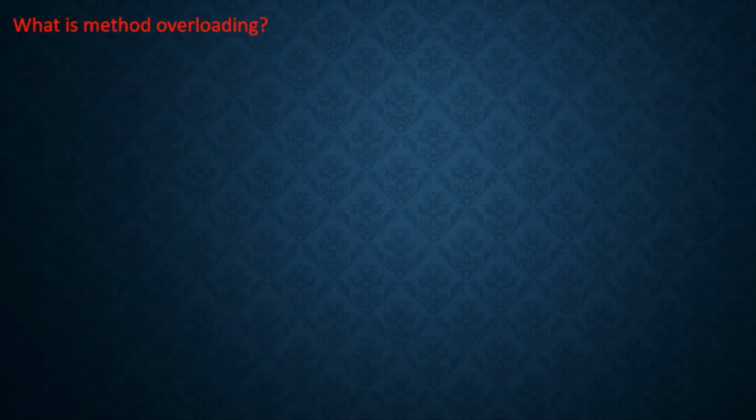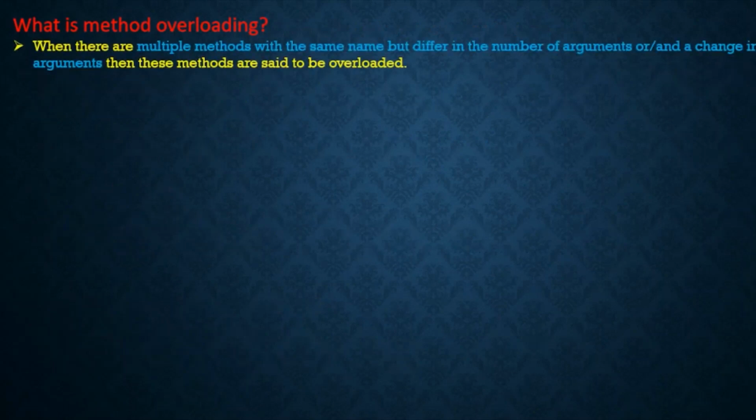Then what is method overloading? Method overloading means whenever there are two methods with the same name, but they differ in the number of arguments, or there is a change in the type of arguments.